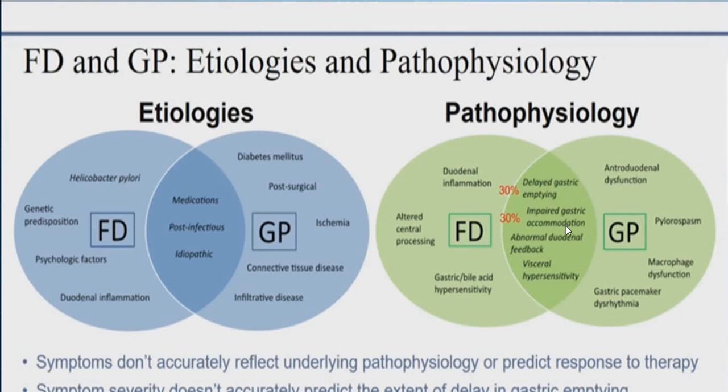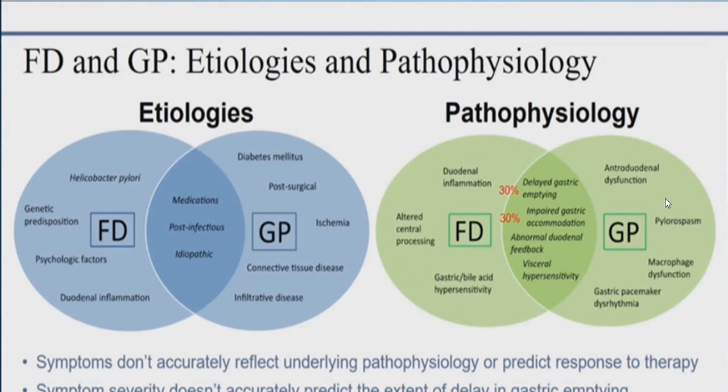impaired gastric accommodation, abnormal duodenal feedback, and visceral hypersensitivity, common in both groups, may be overlap. But in functional, more of duodenal inflammation, altered central processing, that is CNS playing a role, and gastric and bile hypersensitivity.